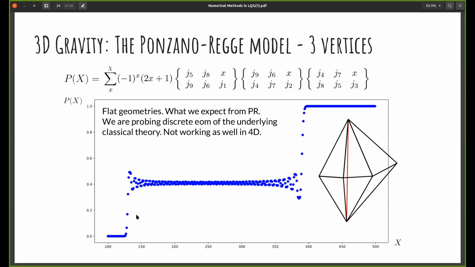So can we give a geometrical interpretation to these 2 points? And the answer is yes.